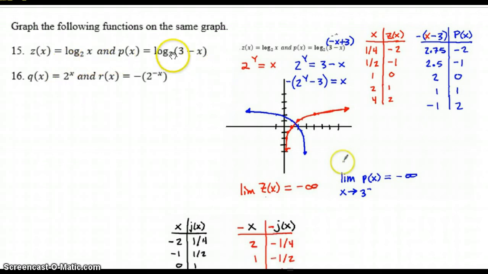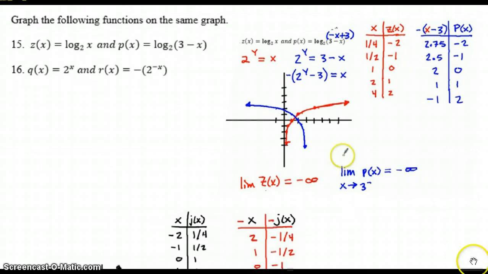Once you have the base graph, then you have to understand what's going on here in order to create your transformations. Like right here, when I add 3, that tells me that is a horizontal shift left, but then I have a reflection over the y-axis. So that's what I've done over here, is I've shifted to the left and then reflected over the y-axis.